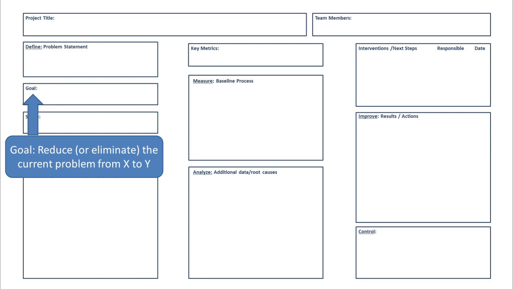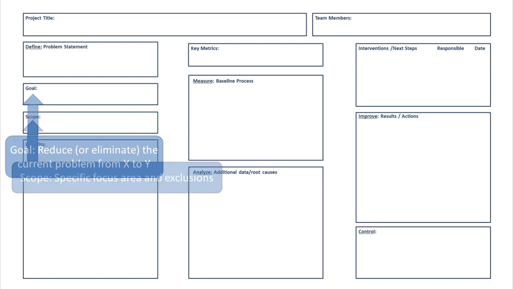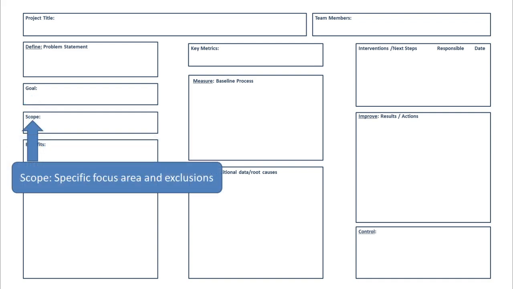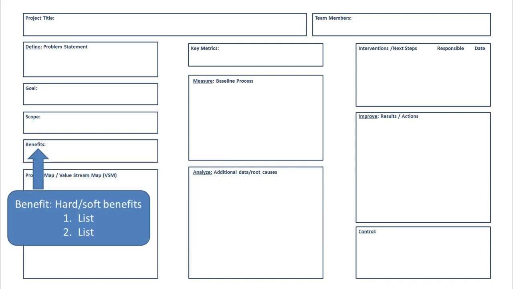The video talks about a SMART aim, an acronym for an aim that is specific, measurable, achievable, reasonable, and time-bound. The scope of your project specifies focus areas as well as inclusion and exclusion criteria. Next, list the benefits of completing this work.